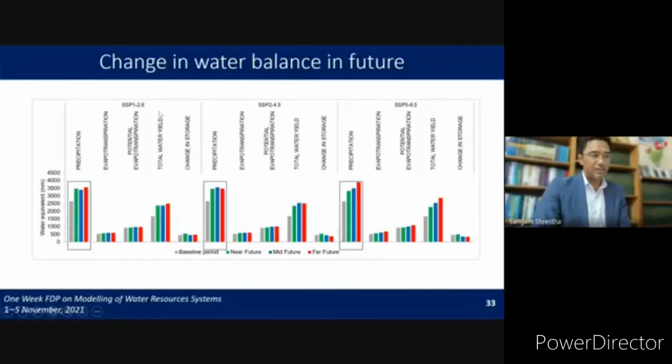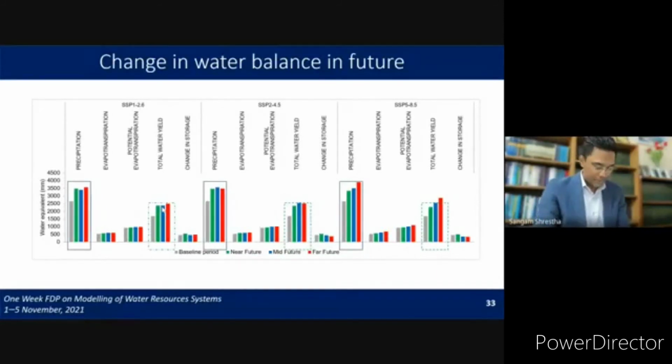in all the SSPs. Similarly, total water yield is also expected to increase in the future, right? So for example, in SSP1, the baseline water yield is about 1,600 millimeter, but in the future, it might increase up to 2,500 millimeter. The water yield is how much water is going out of the watershed, right?